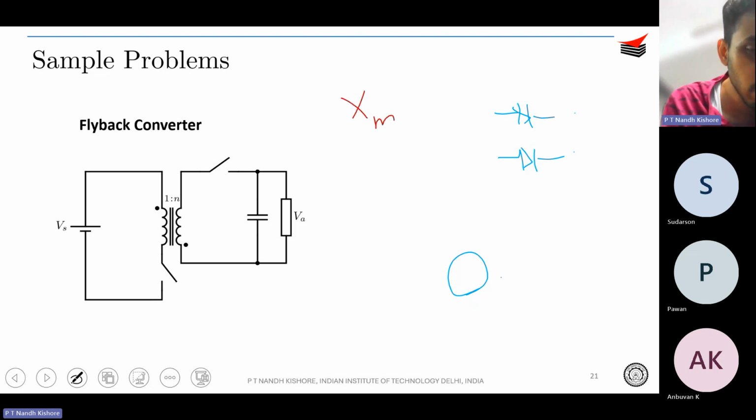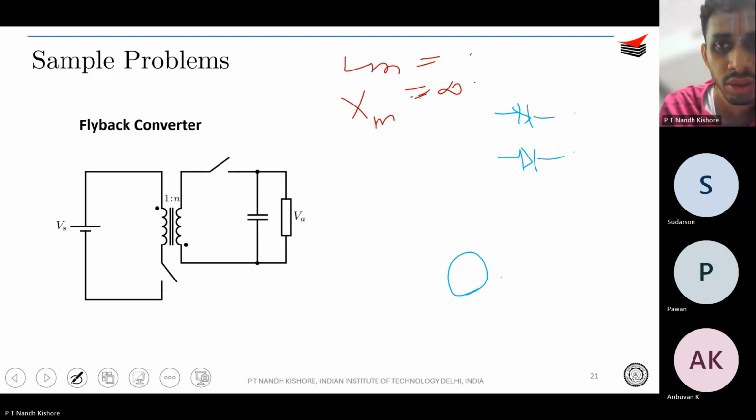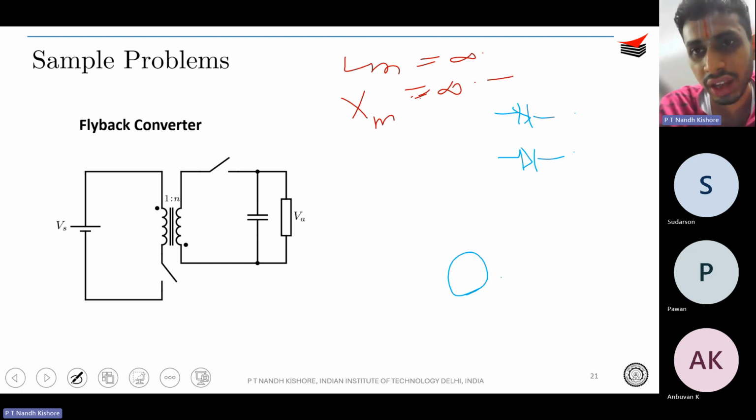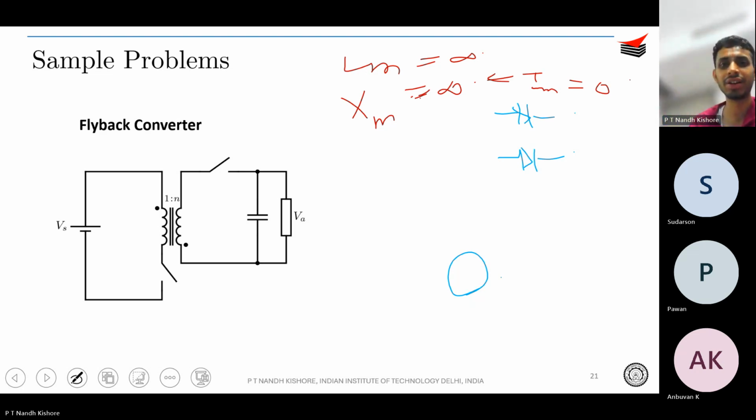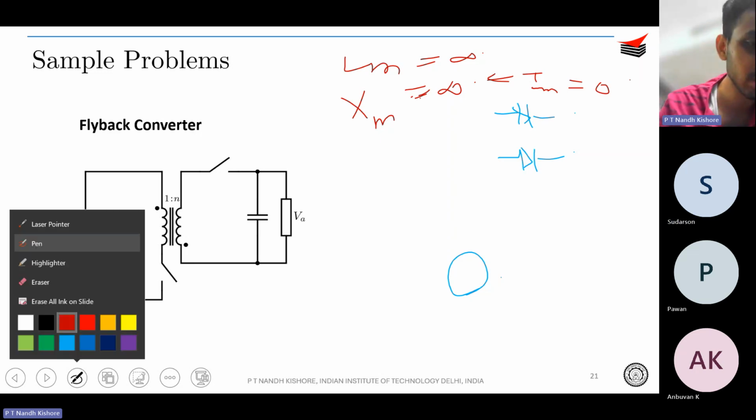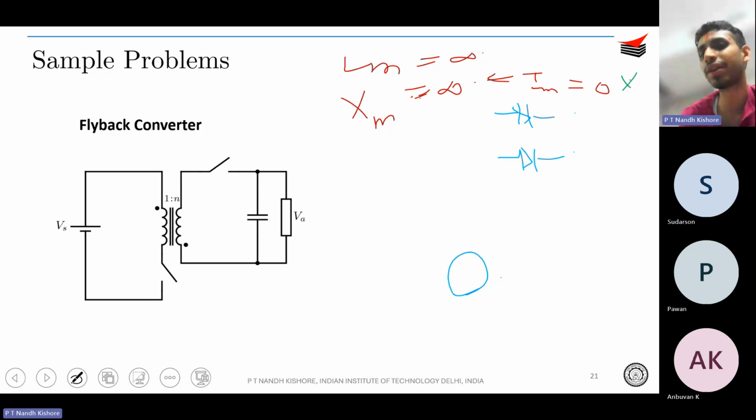Your LM or your XM is going to be infinity. If LM is infinity, XM is infinity, therefore your IM is going to be 0. So this is something that can never happen, or else your converter never works.